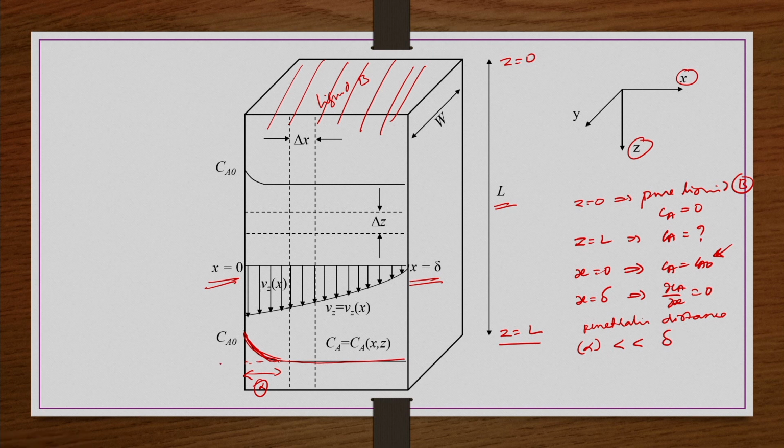So, whatever molecules are at the free surface can never reach the wall of the plane, which is at x equals delta. When the penetration distance alpha is very small compared to delta, from the gas molecules' viewpoint this delta location is far away from their position, so they cannot go there.